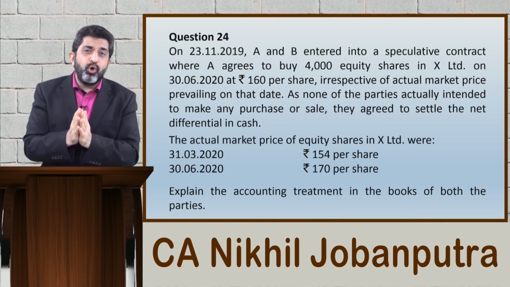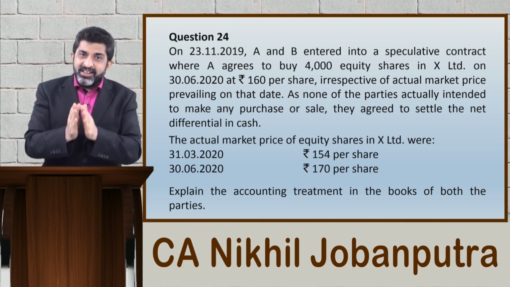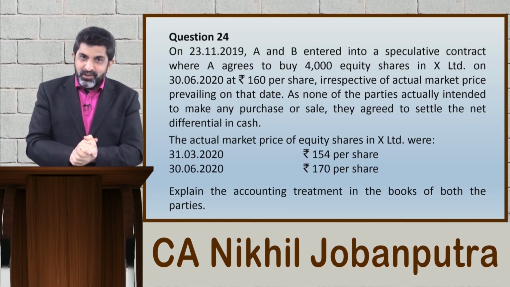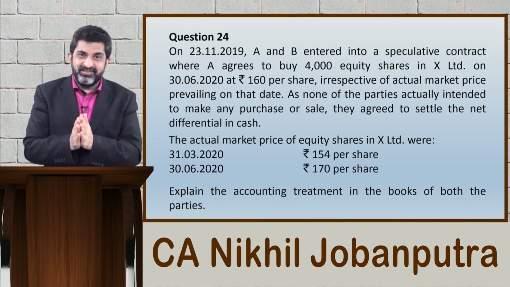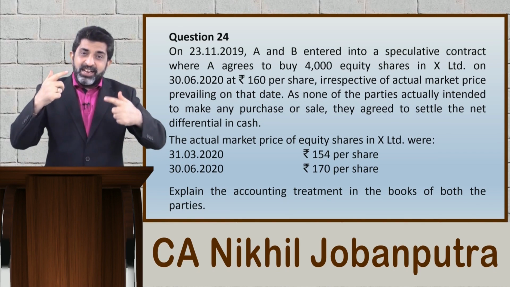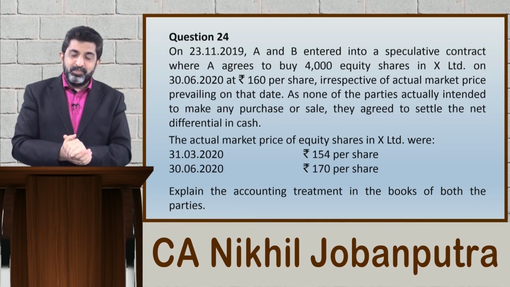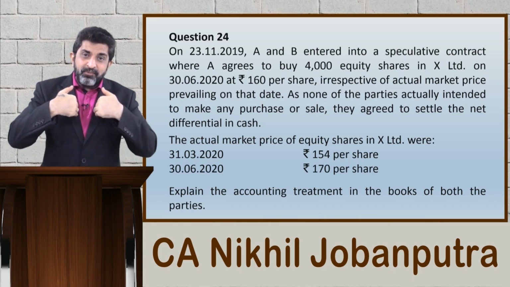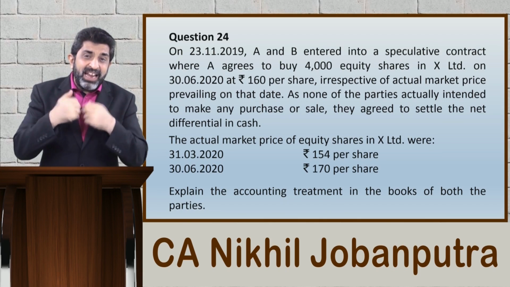Now, that was the scenario on 31st March 2020, but the settlement date is yet to arrive. When we arrive at the settlement date, look at the information. The market price of that share increases and it goes to 170. Boss, now I have made a gain and you have incurred a loss. Do you know how much gain I have made?